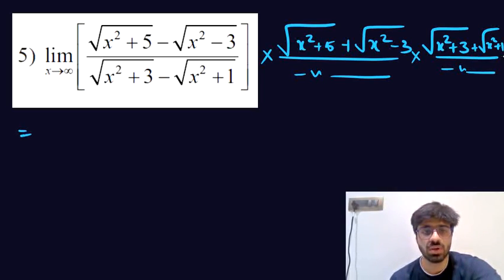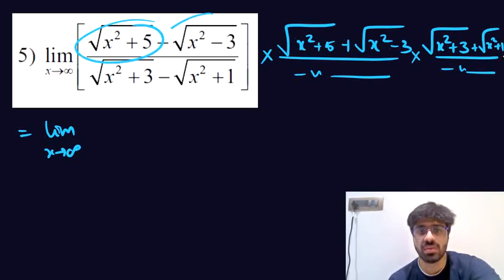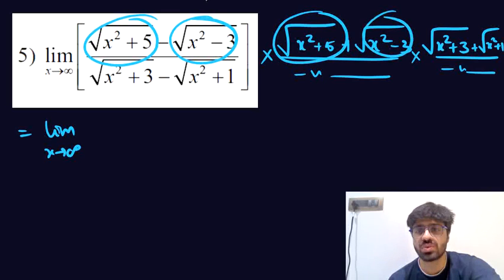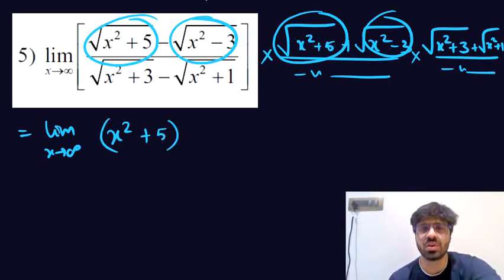So this will be equal to limit of x tends to infinity. In the numerator it is a minus b into a plus b. So that's going to become a square minus b square, so x square plus 5 minus x square minus 3.